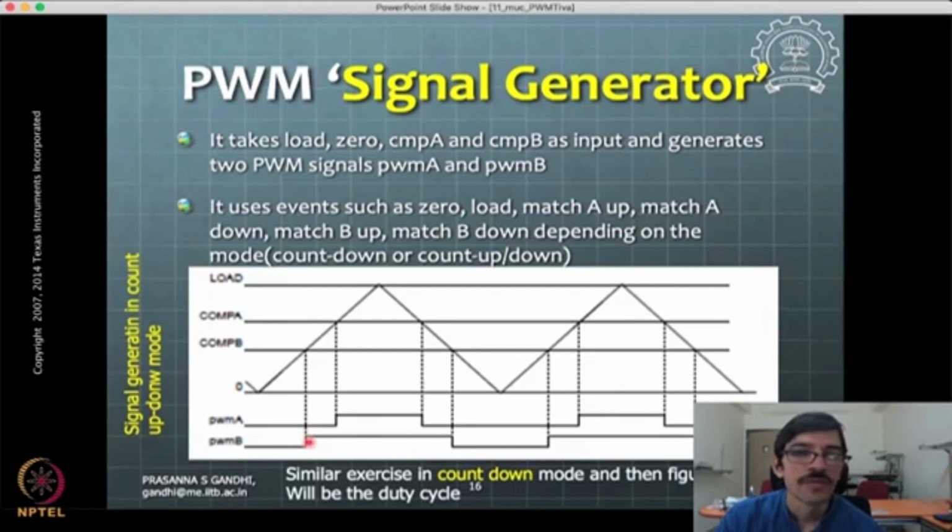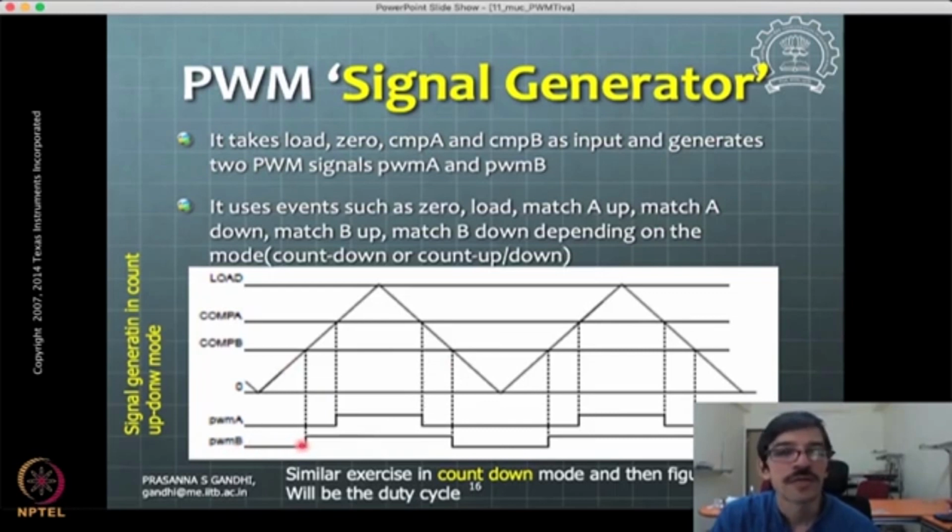So this value is low, this signal goes high. And when this same value is reached on the down count, then again this value is made low. So that's how these compare A, compare B signals work and produce the PWM B signal in the signal generator block.